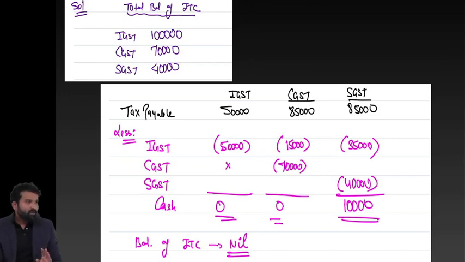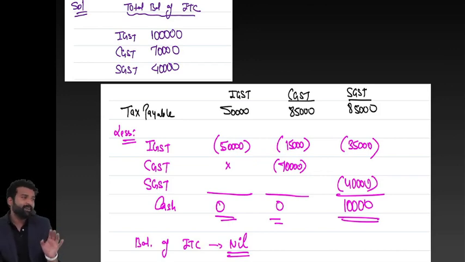I do the reverse calculation: I have to pay 85,000, I already have 70,000 of CGST, so I adjust only 15,000 of IGST with CGST. Out of 85,000, I have adjusted IGST of 15,000 and CGST of 70,000.